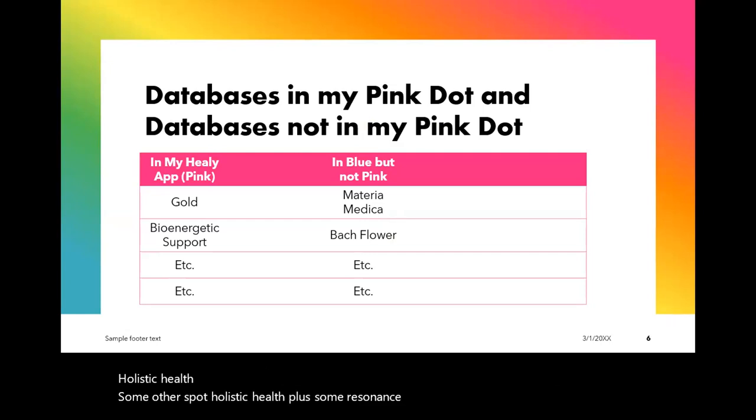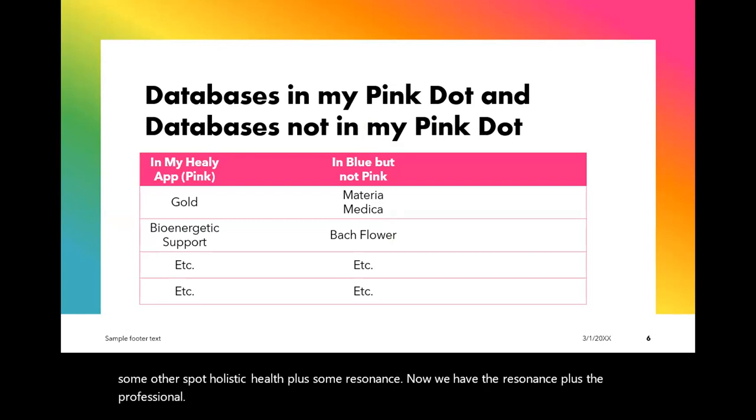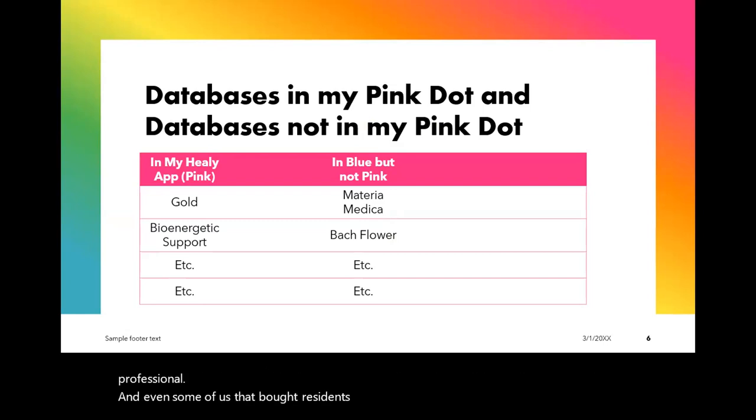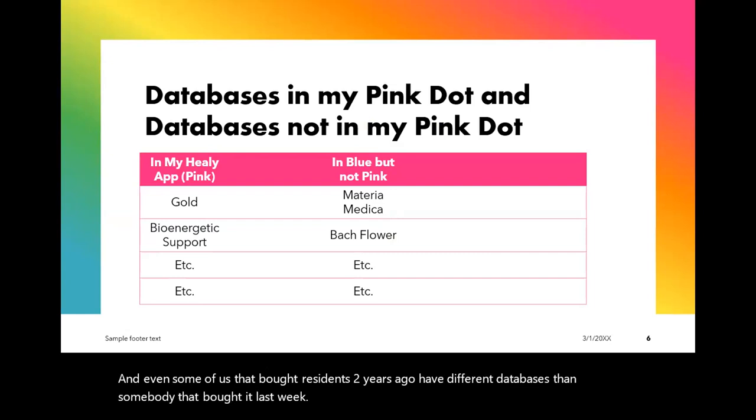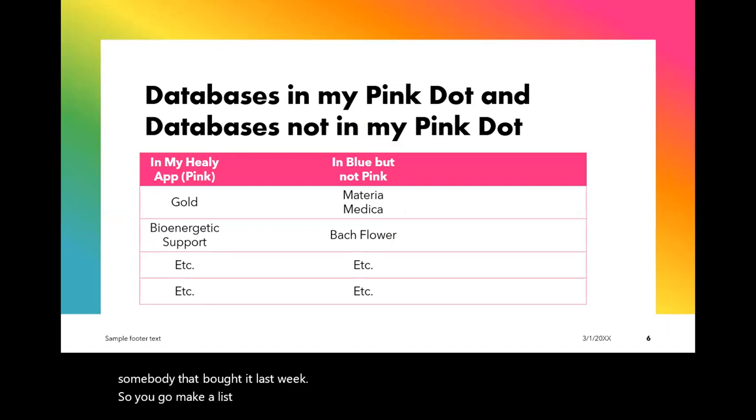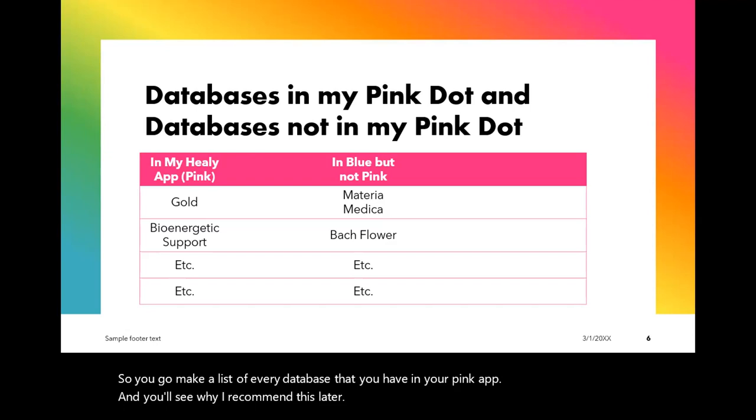Now we have the Resonance Plus, the Professional, and even some of us that bought Resonance 2 years ago have different databases than somebody that bought it last week. So you go make a list of every database that you have in your Pink app, and you'll see why I recommend this later. Then compare that to your Blue Dot.